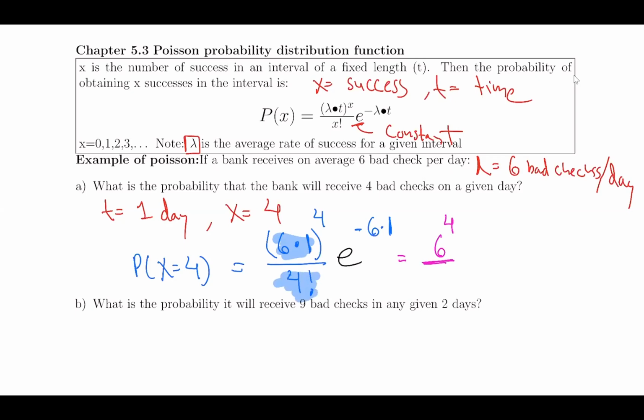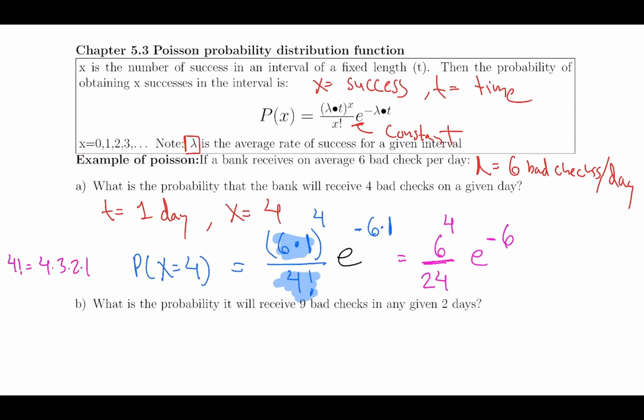If you remember, 4 factorial is 4 times 3 times 2 times 1, which is 24, times e to the negative 6. Everybody got it? I have 6 to the 4th power divided by 24 times e to the negative 6. That's pretty much as far as you could go.